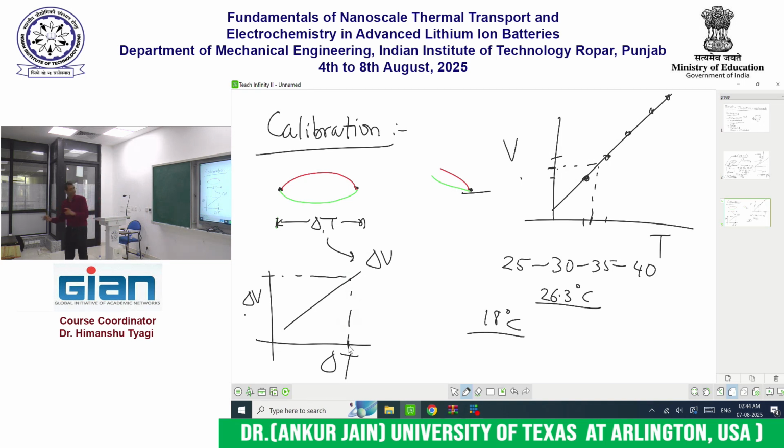In principle, this curve can be obtained with only 2 points. In principle, you can take one measurement here and one measurement here and join the two and you are done. But really the accuracy of that line gets better and better if you have more and more points through which you can fit that straight line.